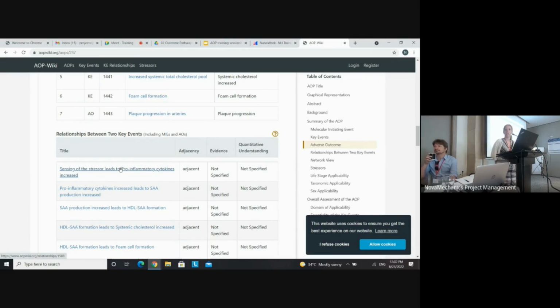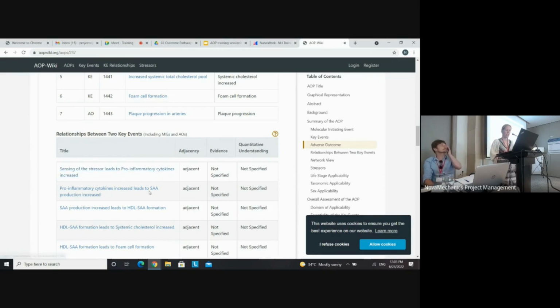So Sabina Halapanova is going through the process now for the 173 fibrosis AOP, and it was 100 pages of comments and replies. It takes a lot of time to get to that level.